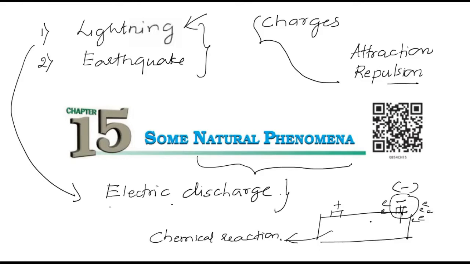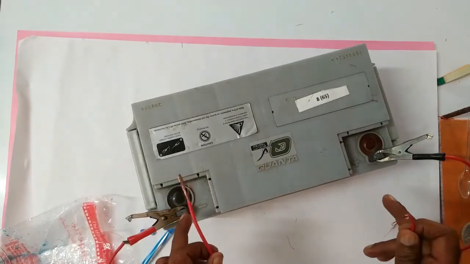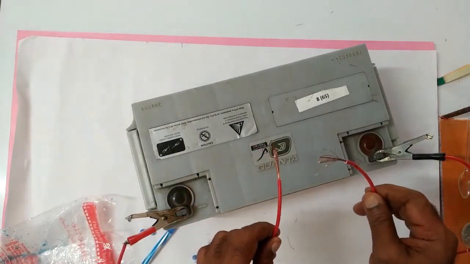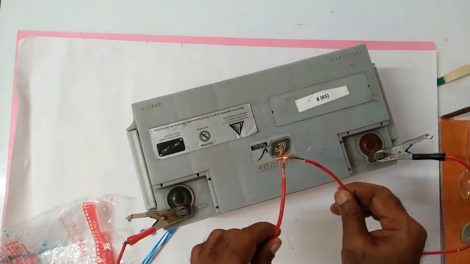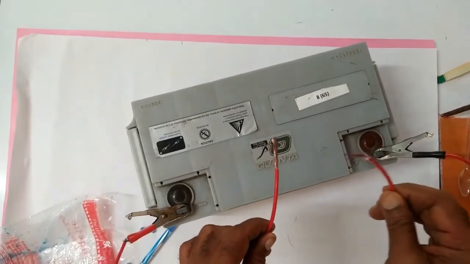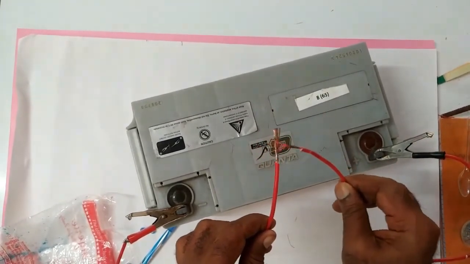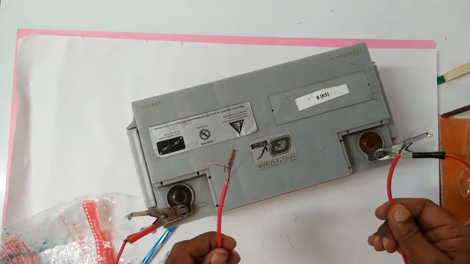Okay, and in our experiment we had taken a battery of 12 volt, right? So please recall. Let me include a video clip of that demonstration right now, here in front of you. And then what we did is that we tried to connect these two with the help of a copper wire without putting any bulb in between.